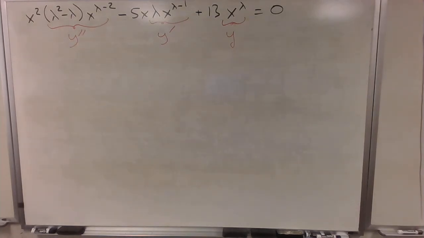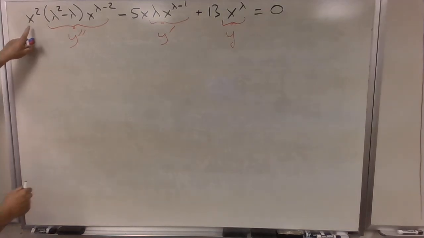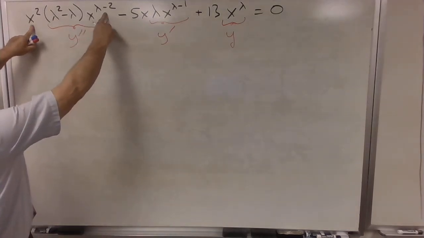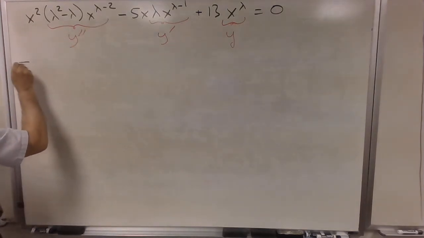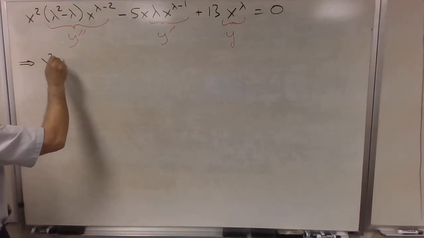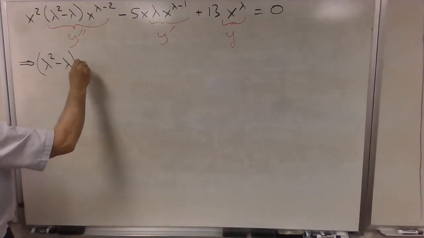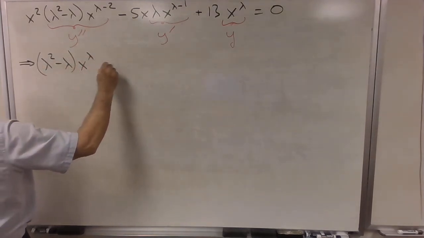Now let's tidy this up a bit. X squared times x to the lambda minus 2, the exponents add, and we just get x to the lambda. So lambda squared minus lambda, x to the lambda.